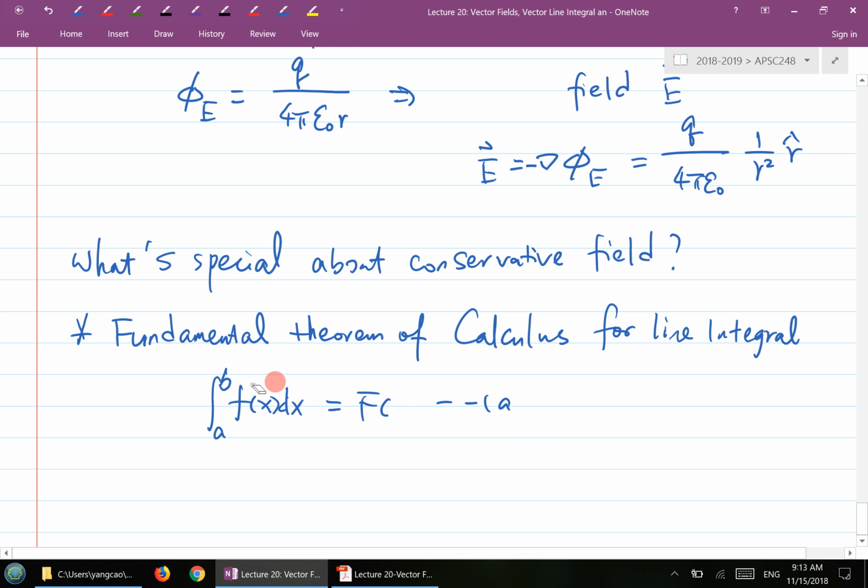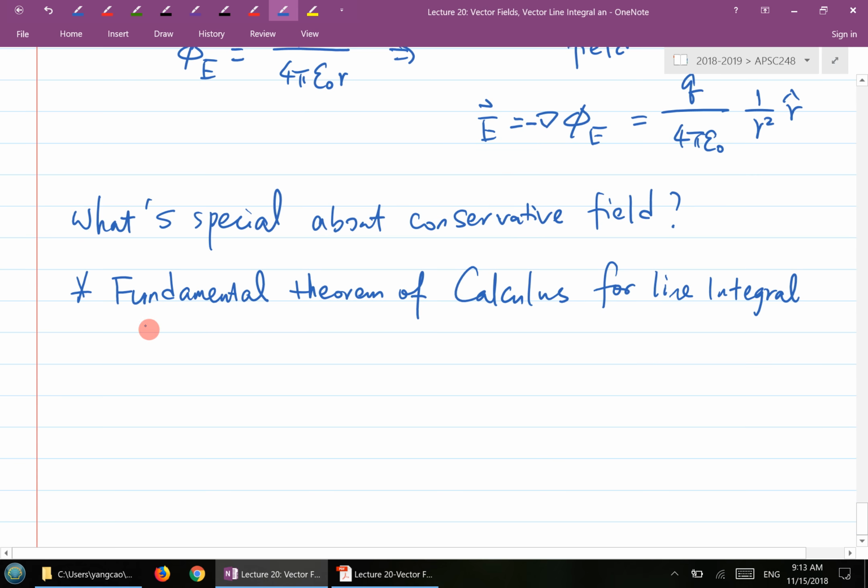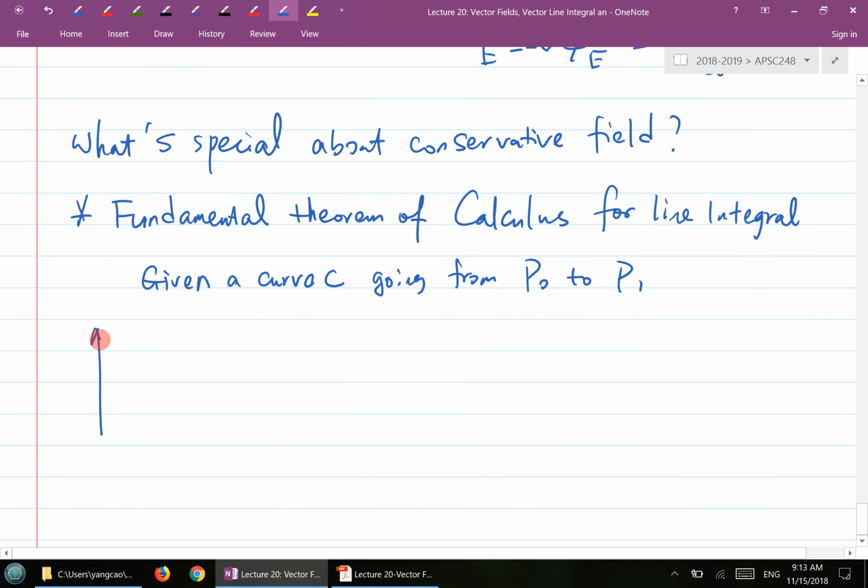This is not the theorem we're going to write here, so as not to cause confusion. So what does this theorem say? Here's what it says: given a curve C going from P0 to P1. Basically this is what it means.